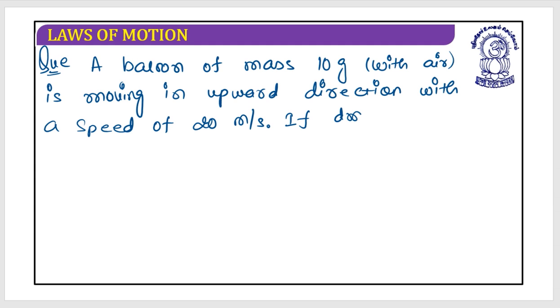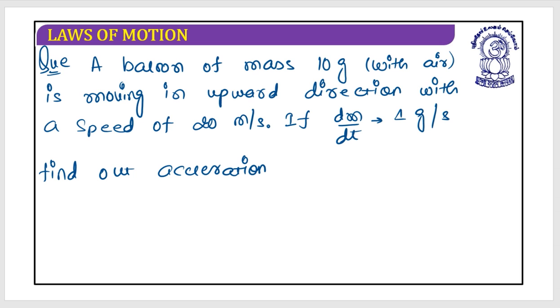If dm by dt is 1 gram per second, find out acceleration of balloon at t equals 5 seconds.